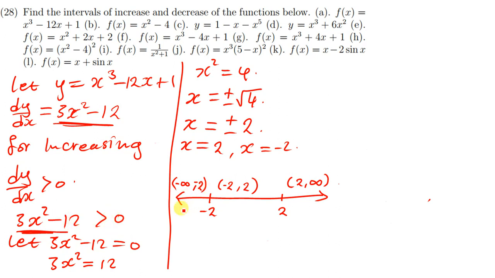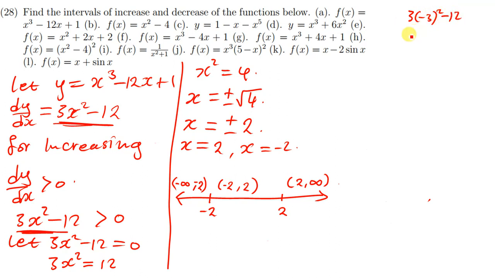Because negative 3 is less than negative 2, we put negative 3 where there's x. What are we going to have? We have 3 times negative 3 squared minus 12.